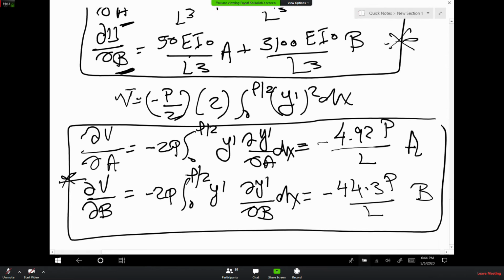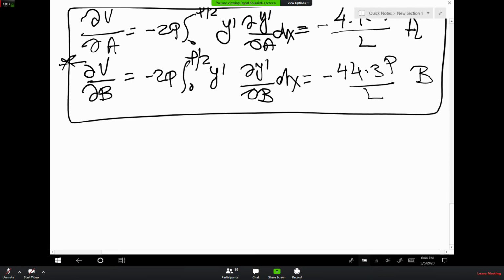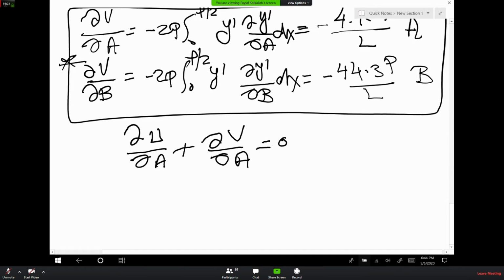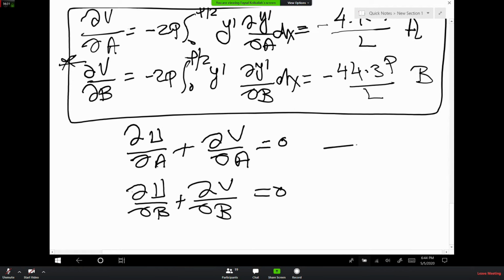Can everybody see? So I can add them together and say partial u, partial a, plus partial v, partial a equals 0, and partial u, partial b, plus partial v, partial b equals 0. Two equations.